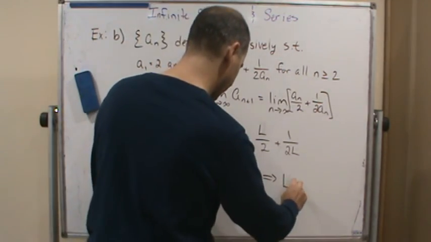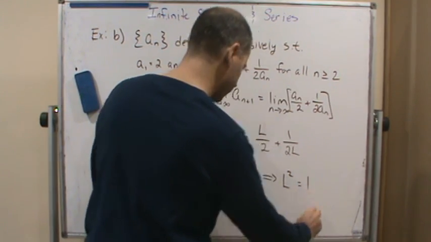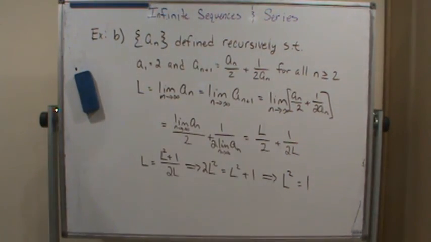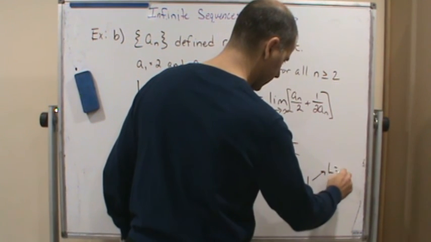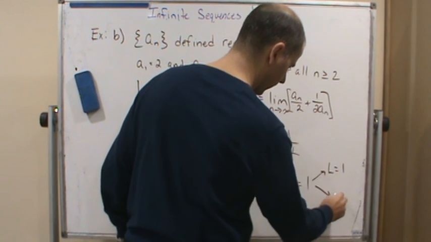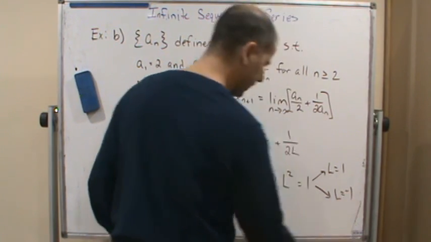This is going to give me L squared is equal to 1. And this tells me that L is equal to 1 and L is equal to negative 1.